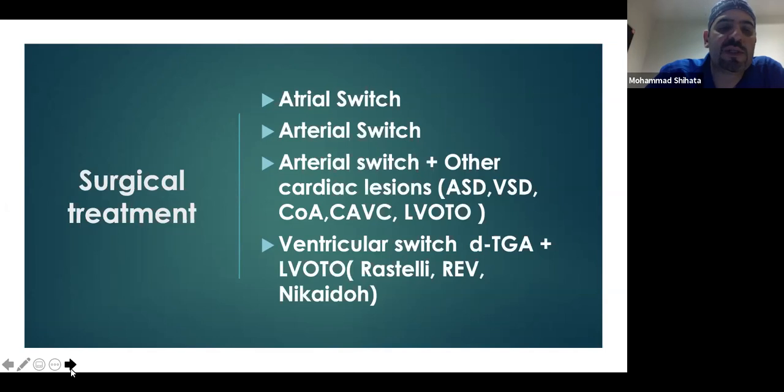The most classic one is a Rastelli operation. REV is a French conduit-less repair with no valve. And the Nikaido operation, which is the aortic translocation. Again, it serves the same purpose as the Rastelli and the REV, and you can either do it with a conduit or without a conduit to the RV, from the RV to the PA connection.